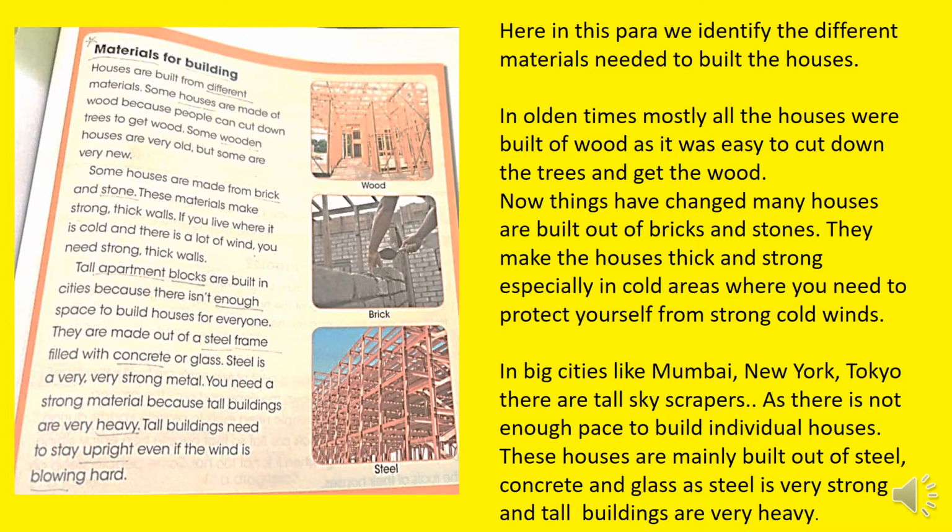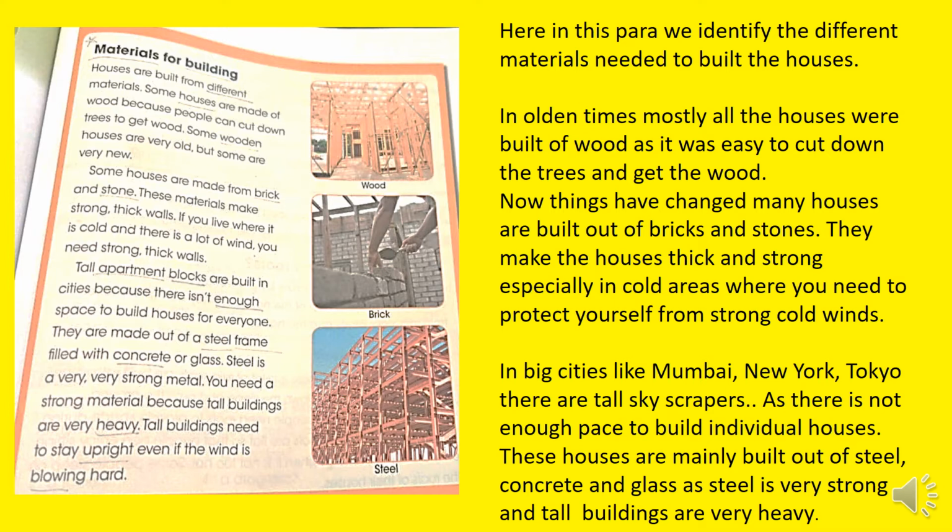And these houses are mainly built out of steel, concrete and glass, as steel is very strong and tall buildings are quite heavy. So, do you see in these pictures? The skyscrapers are being built by steel.